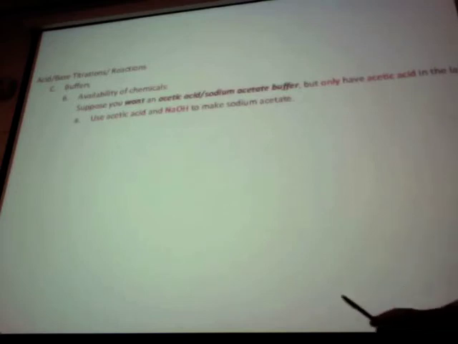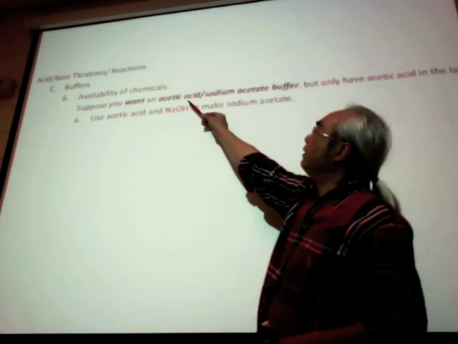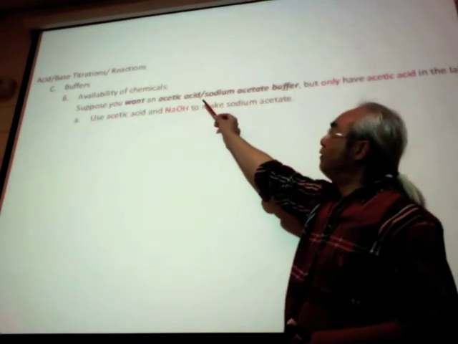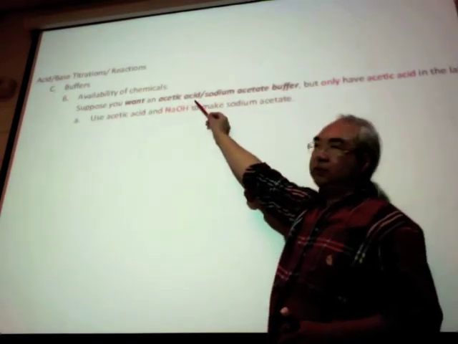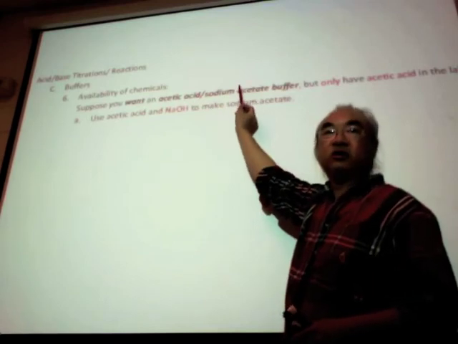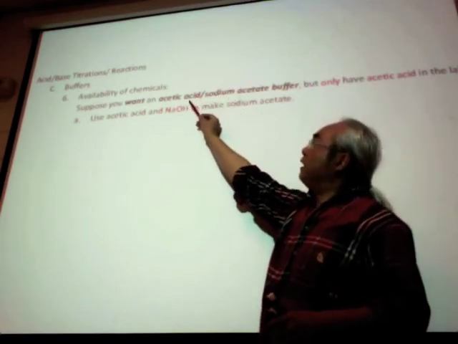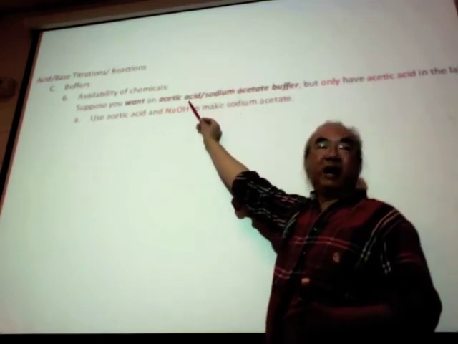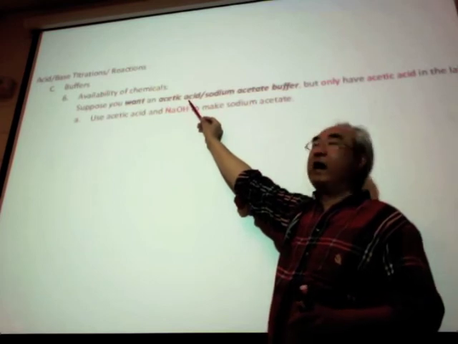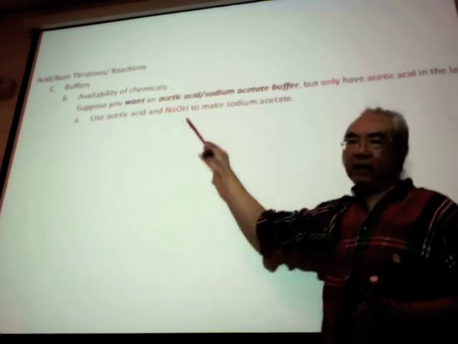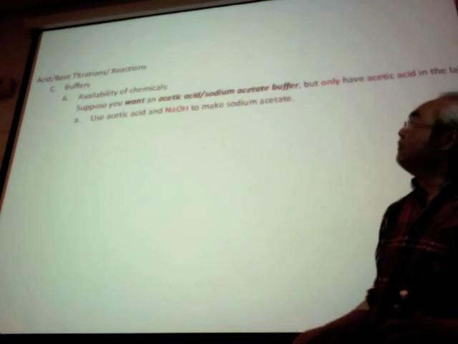Okay, so here is one way to prepare a buffer because often you have one chemical but not the other. For example, you want to make up this buffer. You know that you need acetic acid and its salt. Well, acetic acid may be readily available in your lab, but sodium acetate is a little fancy.